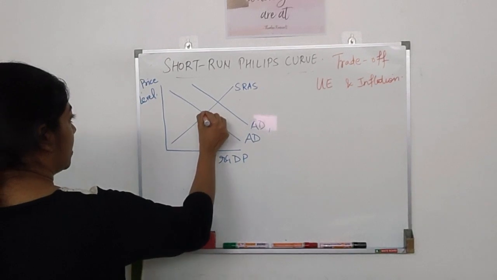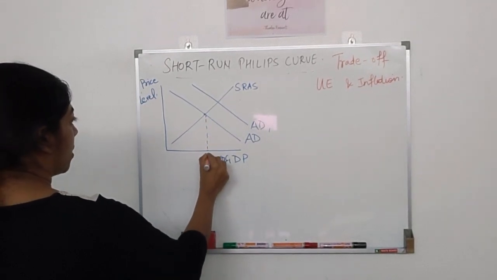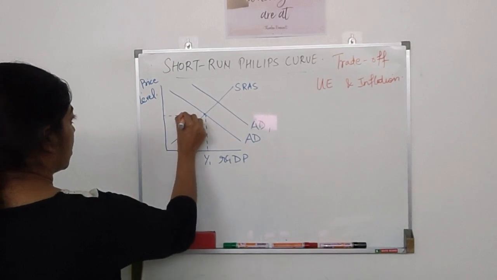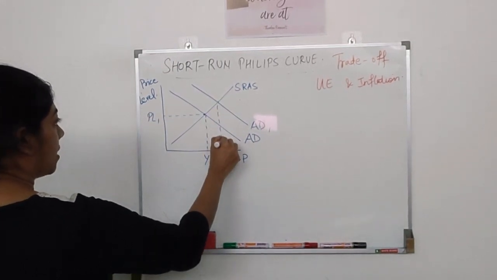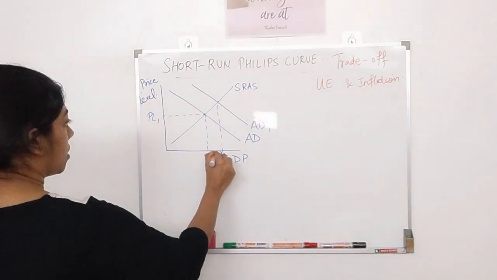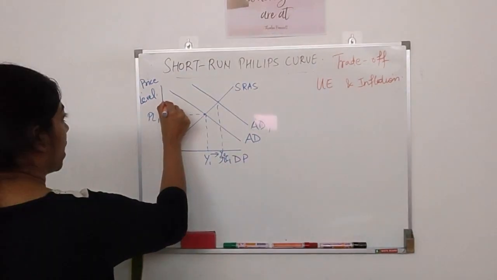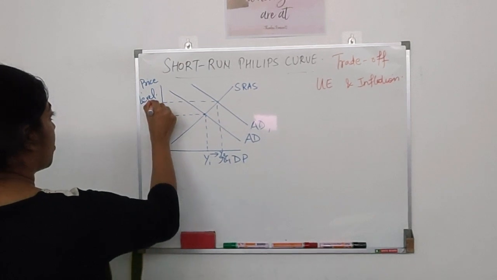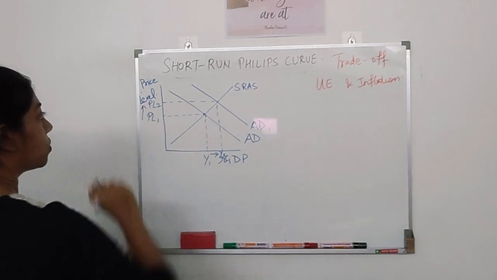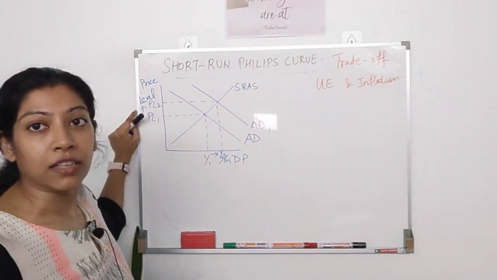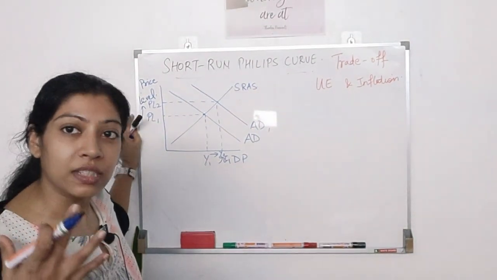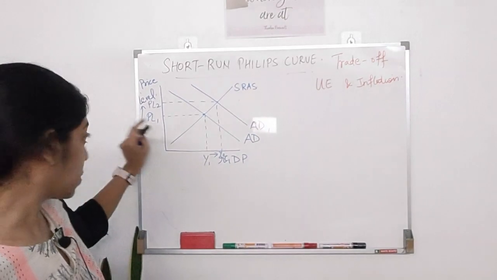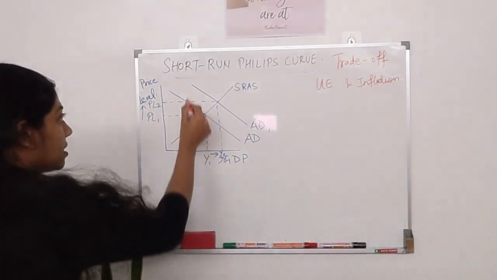let's say we started off at this point where this was the real GDP and this was the price level, and then the real GDP increased to Y2 and the price level as a result increased to PL2. The reason the price level increased, which we know is called demand-pull inflation, is because the aggregate demand increased.